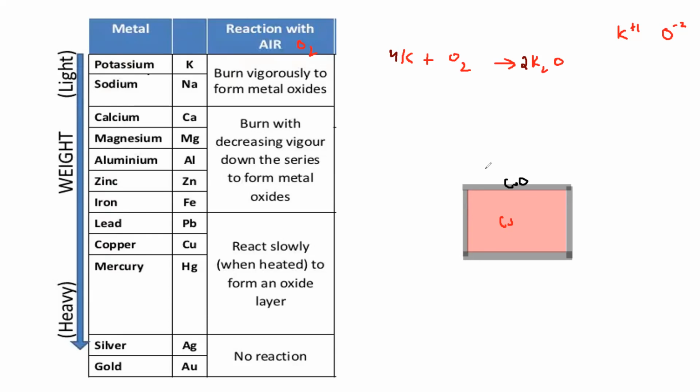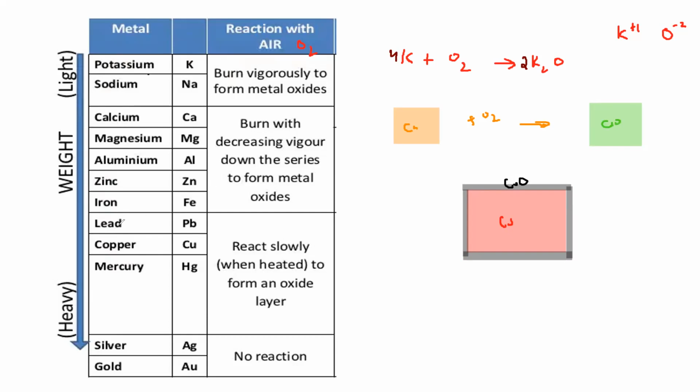It will stop. But for other metals, like if we have a piece of magnesium or a piece of calcium, when they react with oxygen, the whole substance will turn into calcium oxide. All the particles of calcium mix with oxygen to give calcium oxide.